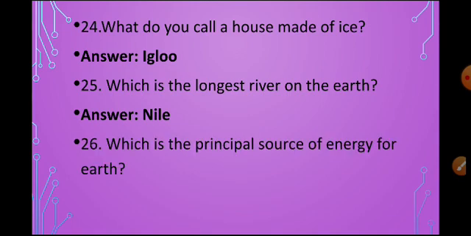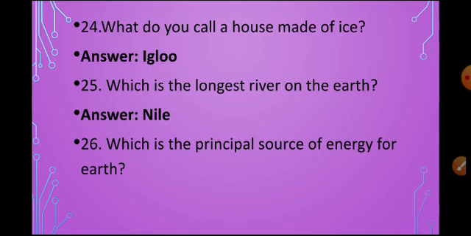Okay. Next question. Which is the principal source of energy for Earth? It means from which we get all types of energy, and we know it, we see it every day.